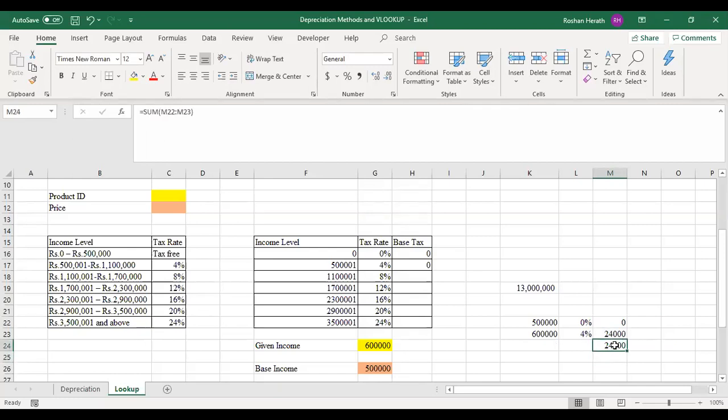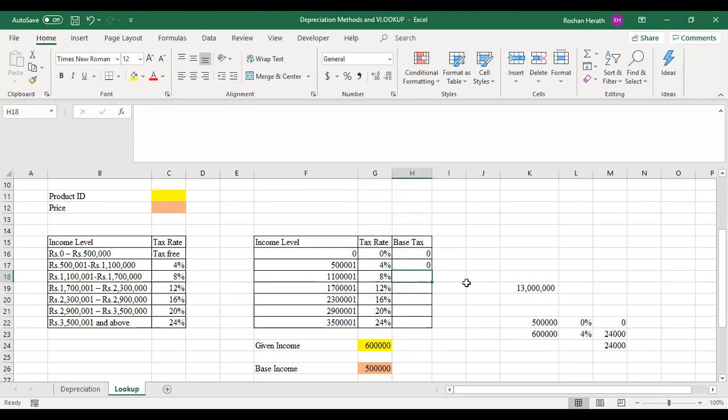Then you can see that when I'm getting this 24,000, I had to initially take this 0. So if you go and apply that in the table that you have constructed, you can see that this 0 is here. It is in fact the base tax that we have calculated for this income level. So when it comes to the income exceeding 500,000 up to 500,000, we have already computed. Then what is new? It is from 500,000 to 1.1 million.